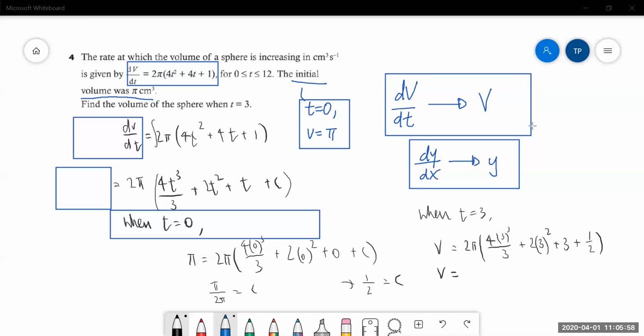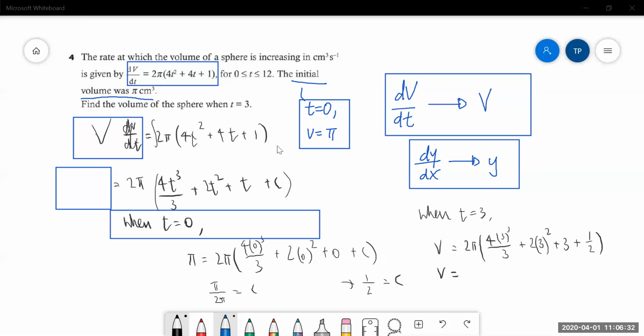What is wrong with the workings in the boxes? Well, it's supposed to be V. Sorry? This is V. Which one? Correct. What else?